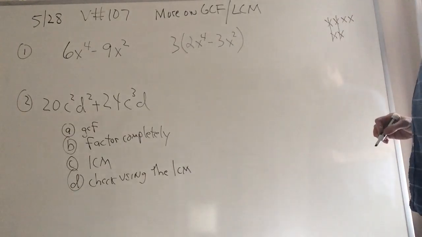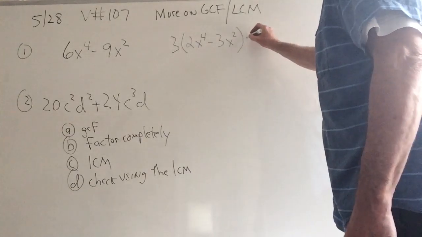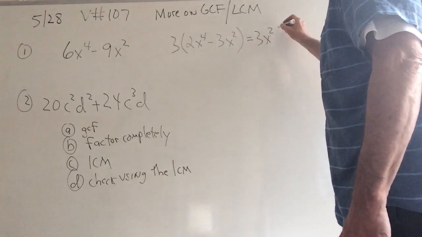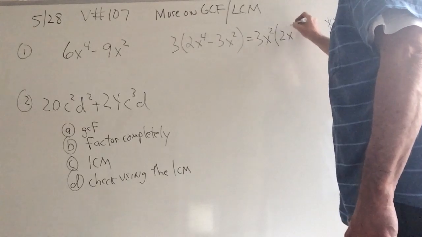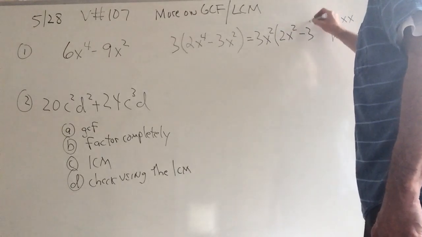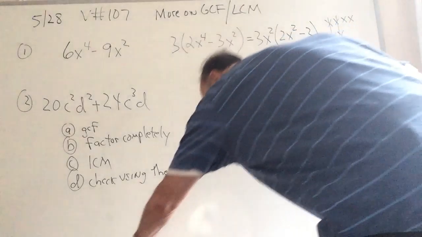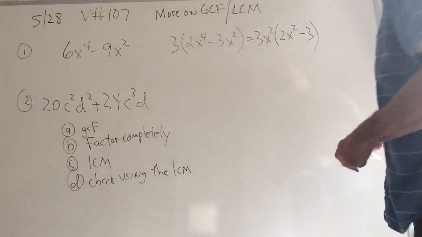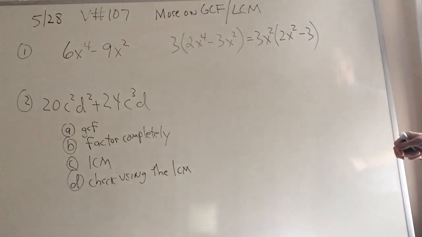So what matches there? The x squared. So I move that out. And what's left? Well, do it backwards. 2 plus 2 is 4. And only a 3 here gets the job done. So now I erase over here. And there we are with complete factorization.